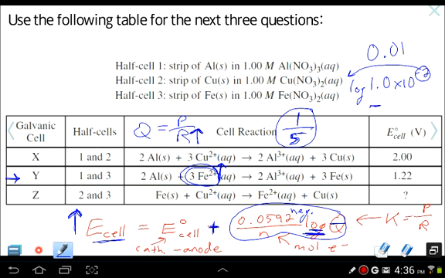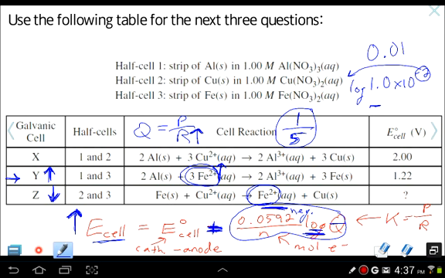You end up with a negative on this term, which subtracted gives you an overall positive, and the cell voltage goes up. So in Y, the cell voltage will go up. In Z, the opposite is true. Iron is on the right side, so the exact opposite will happen, which means its voltage will go down.